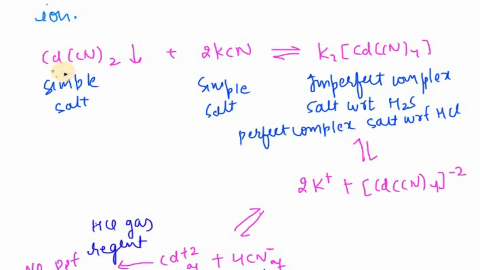Let's see an example: we have Cd(CN)2, cadmium cyanide, which is a simple salt, and with 2 KCN it forms K2[Cd(CN)4], which is an imperfect complex salt with respect to H2S, but a perfect complex salt with respect to HCl.